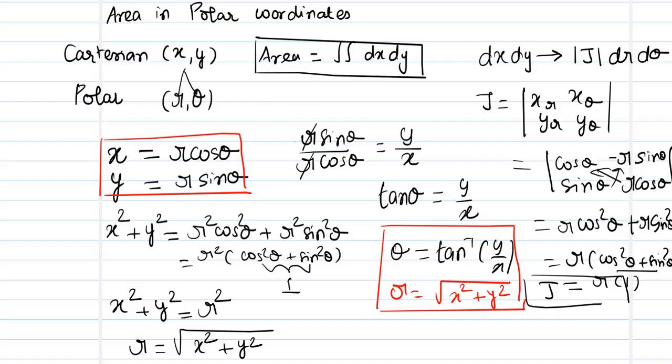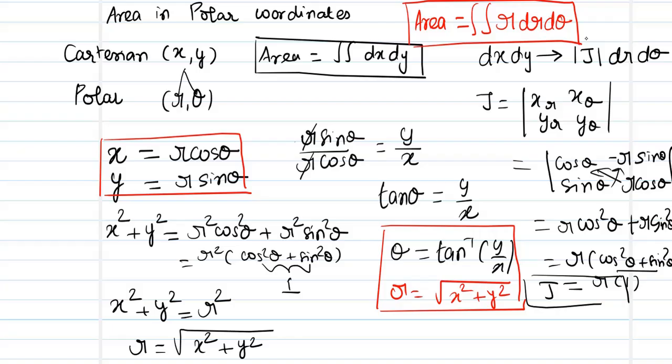Hence, when we convert from the Cartesian to the polar, the area in polar coordinates will be given by the double integral of r dr d theta, first integral for r and second integral for theta.